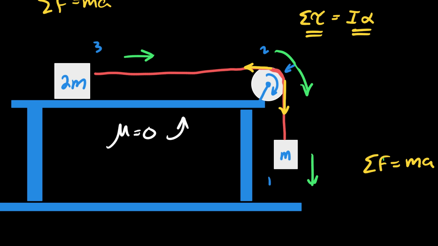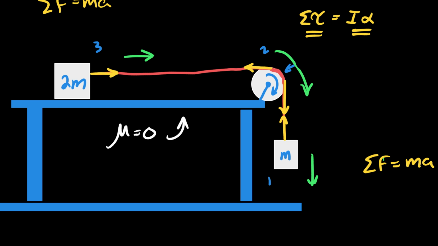We just cared about the string and the boxes. But now the pulley is involved. So based on Newton's third law, if there is a force upwards on this box, there is a force downwards on the pulley. And if there is a force this way on this box, there is a force to the left on the pulley. That has to be true, Newton's third law.